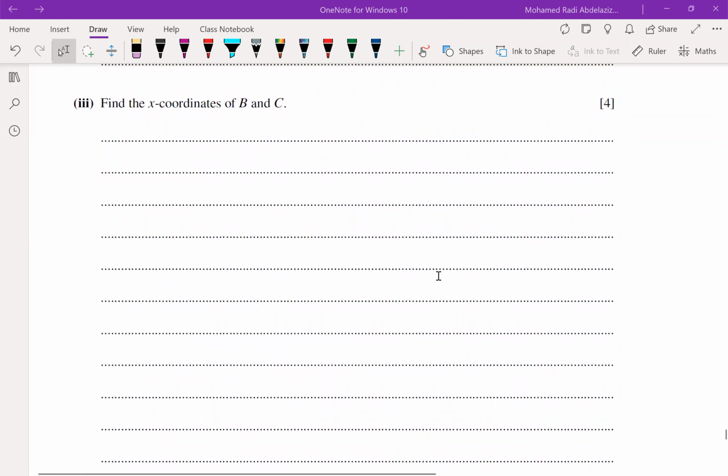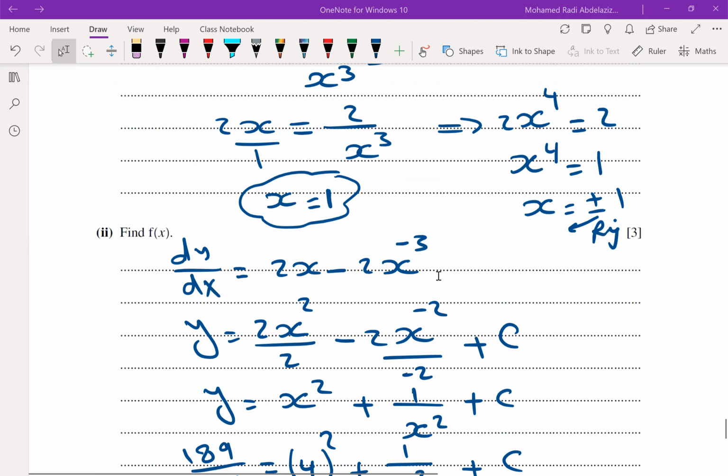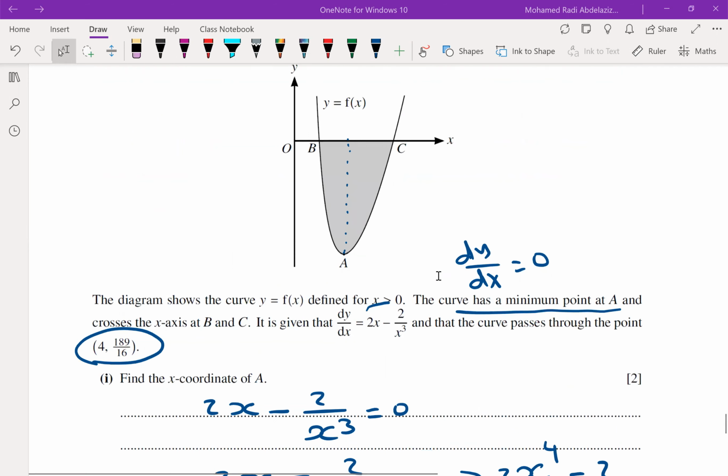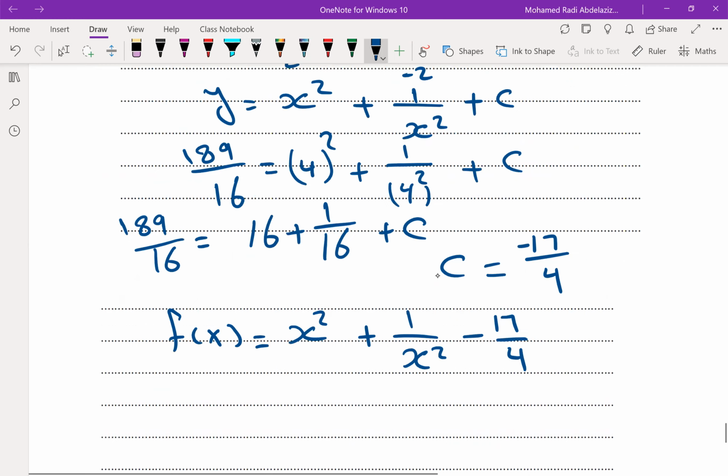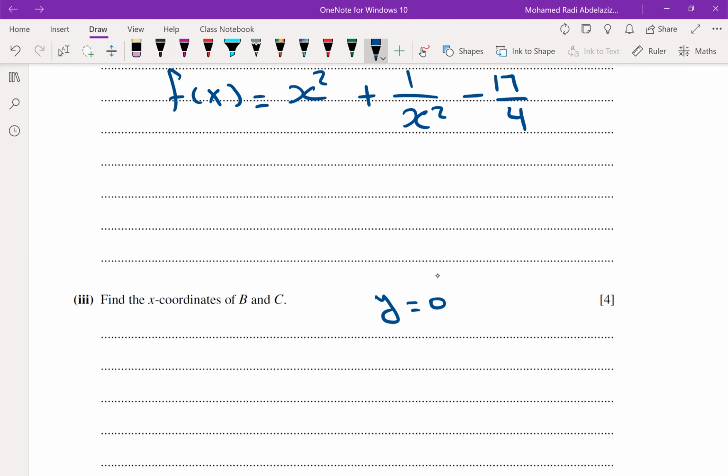Part 3, find the x-coordinates of B and C. B and C are the intersections with the x-axis. Intersection with the x-axis means solving simultaneously y equals 0 and the equation of the curve. So x squared plus 1 over x squared minus 17 over 4 is equal to 0.